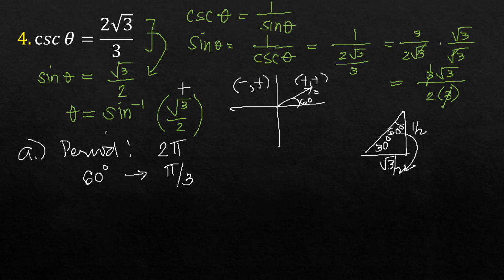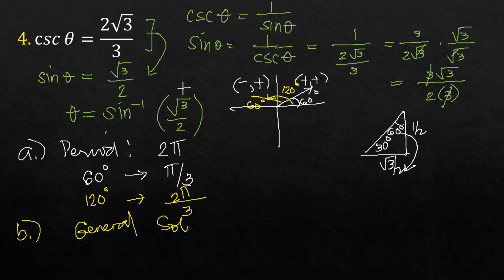The next solution is found on quadrant 2, okay, with a reference angle which is 60 degrees also, and that is 120 degrees. So we have 120 degrees, which is equal to 2 pi over 3, okay, in radians. Therefore, we now have the general solution.